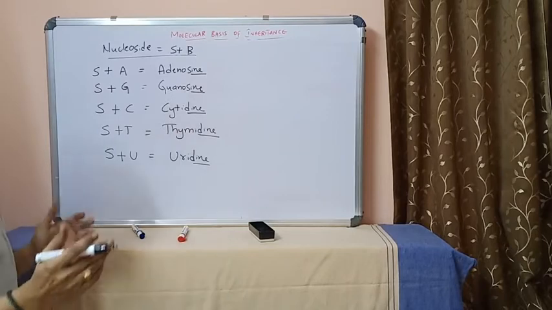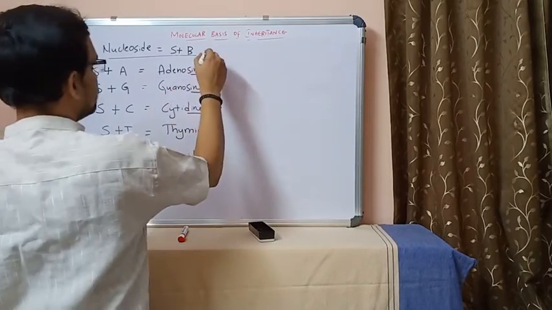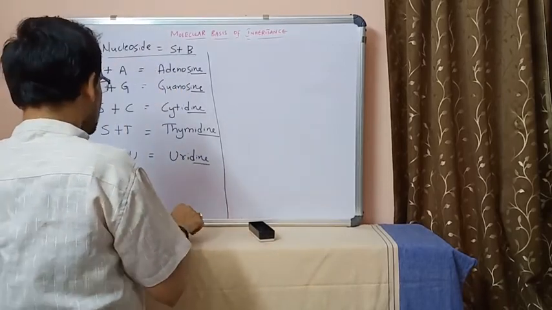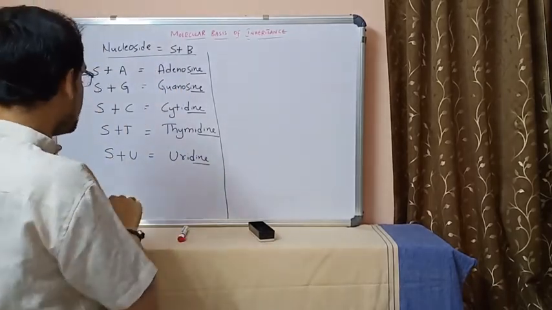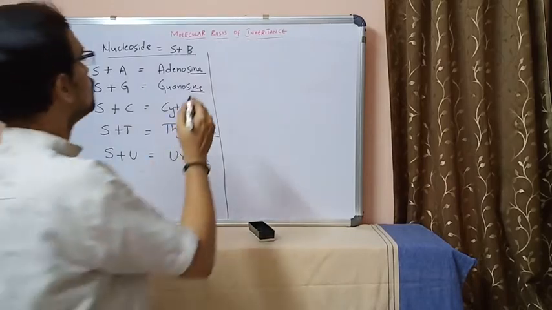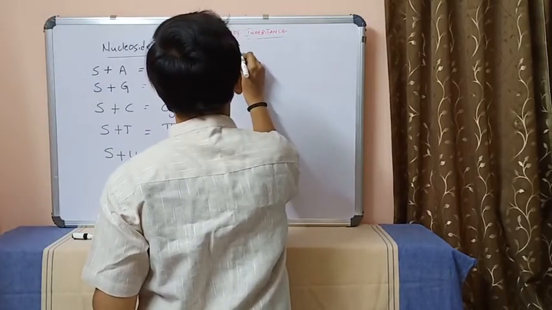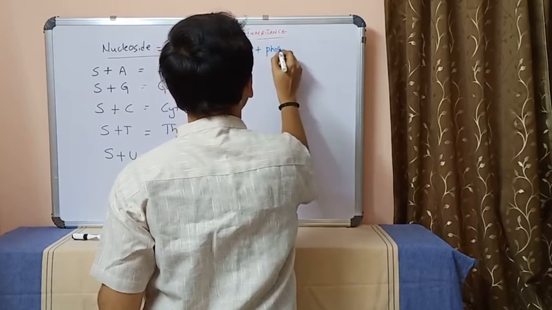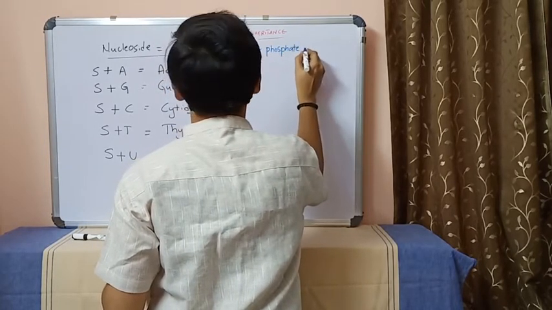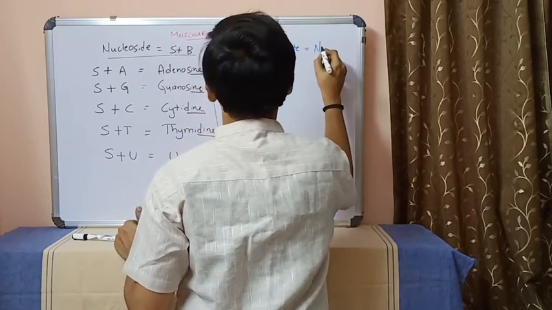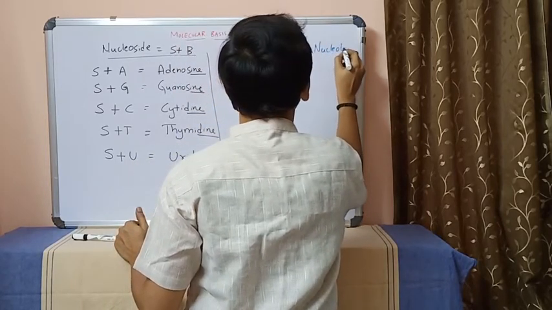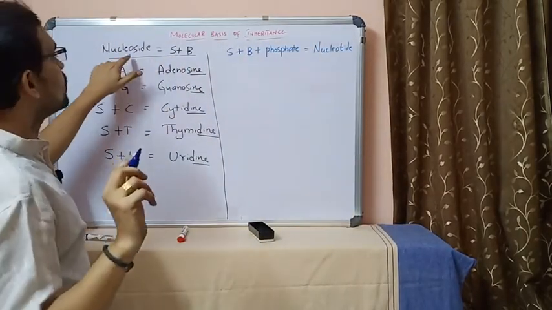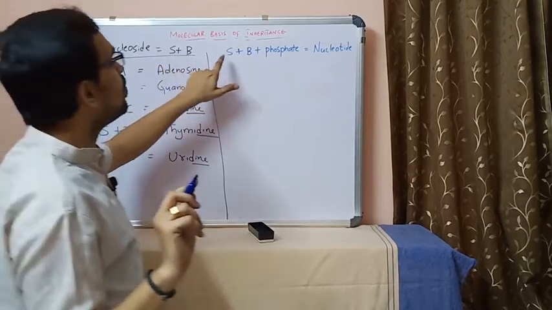Now coming to nucleotides. So what is a nucleotide? Sugar plus base plus phosphate is called a nucleotide. Know the difference between nucleoside and nucleotide first. Nucleoside is sugar plus base.